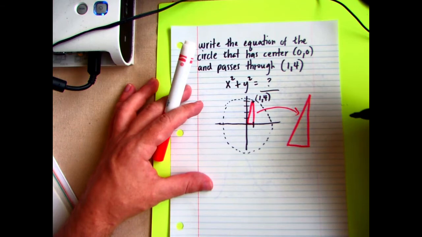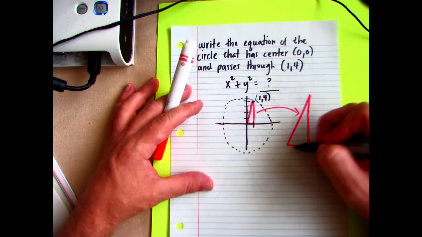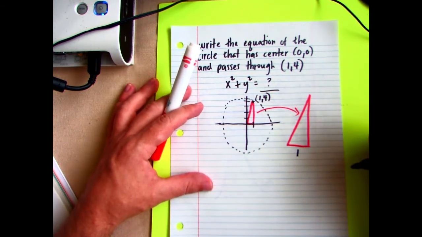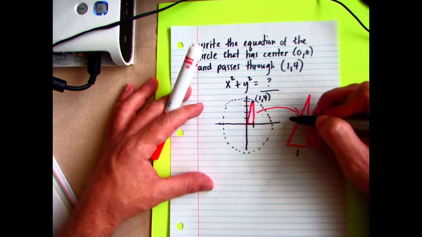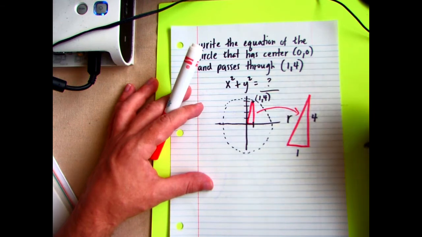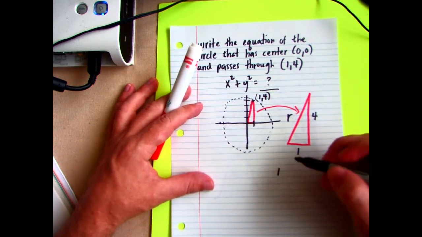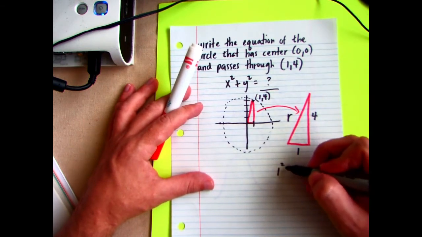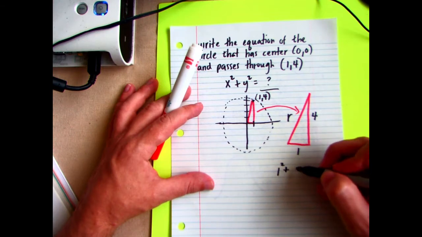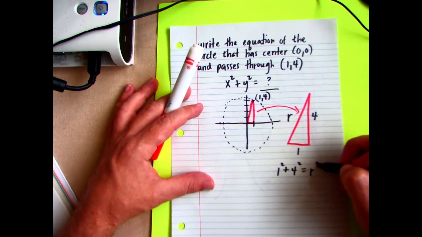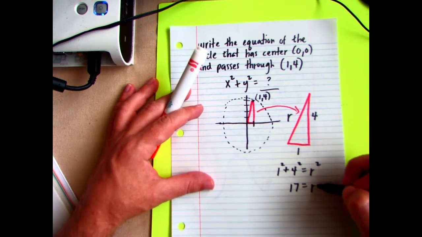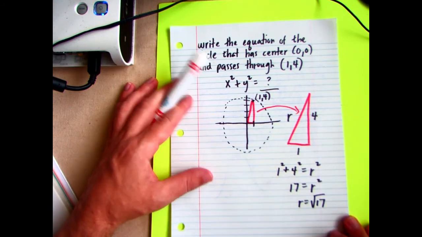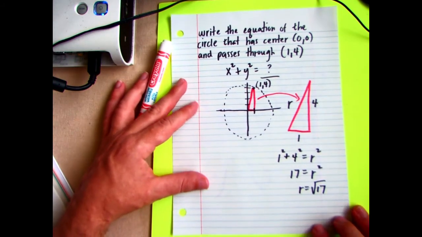Well, if the point 1, 4 is on the circle and made this triangle, the lower leg is 1, the other leg is 4, and my hypotenuse is r. So doing a quick Pythagorean theorem, 1 squared plus 4 squared equals r squared. So r squared is 17, r is root 17.